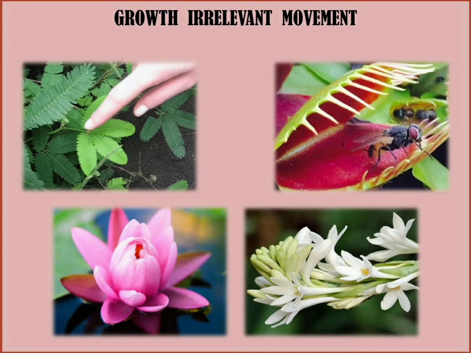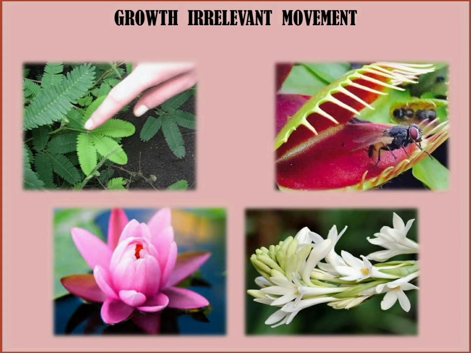The second picture on the right is of a Venus flytrap plant. This is an insectivorous plant wherein the plant captures small insects like flies, mosquitoes, honeybees, all different types of small insects. It captures it and then it releases certain chemicals and digests that particular insect.